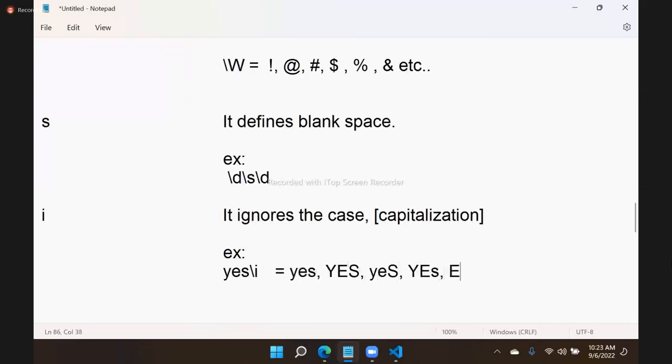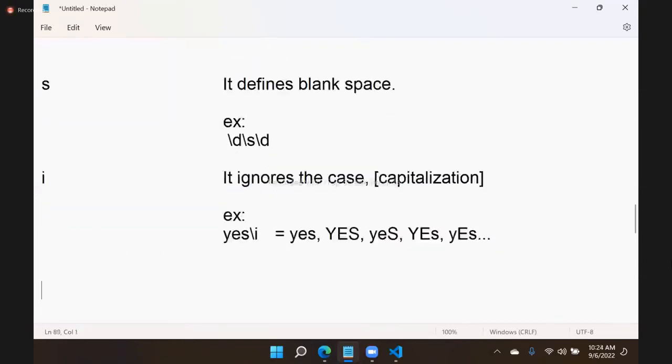You can use any combinations you can define. Capitalization doesn't matter for that word now. You can ignore the capitalization, so you can allow any capitalization. In that case, we have to use this i. The i is for ignoring case.